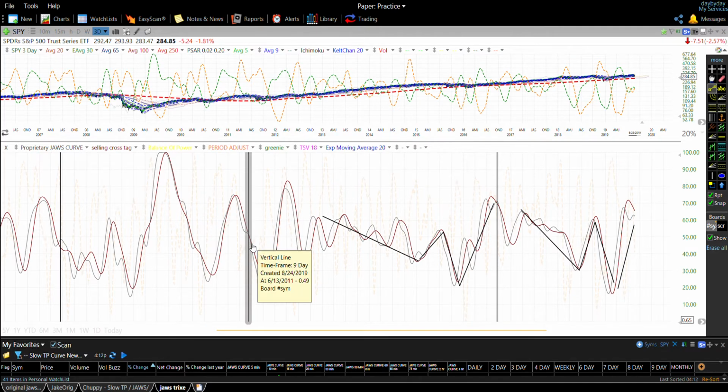Let's take a look at it in this case. So in this case, again, the line down, this case led to a higher high cycle peak, and it didn't here. This one is closer. Then it led to a lower low peak here.